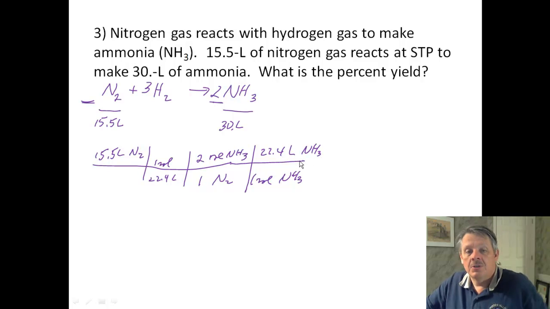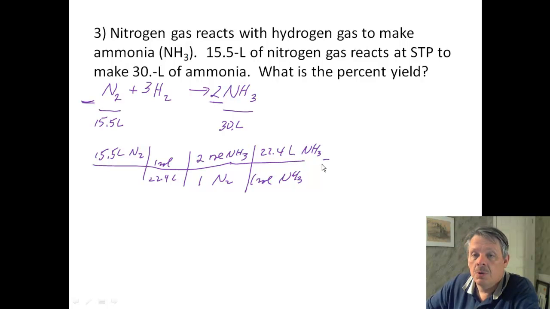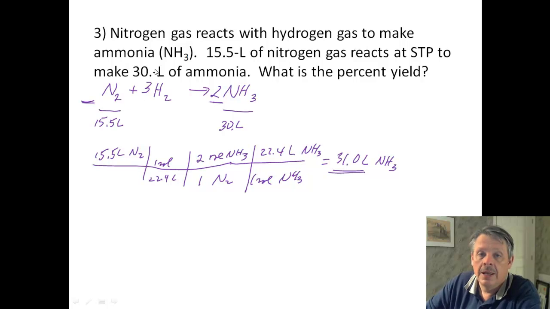So now if I do the math, what I come up with is 31.0 liters of NH3. Well, this is a great reaction because we were expecting to come up with 31, and we came up with 30. So we had a really good ratio here.